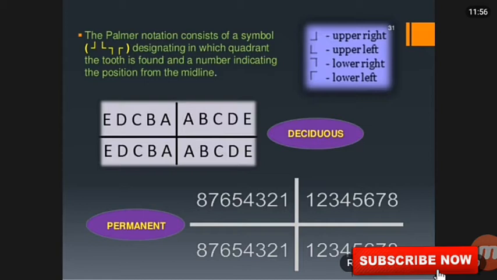The Palmer notation consists of a symbol. Here you can see the symbol designating in which quadrant the tooth is found, and a number indicating the position from the midline. You see it for the upper right, the upper left, the lower right, and the lower left.